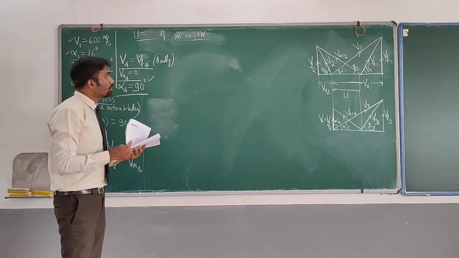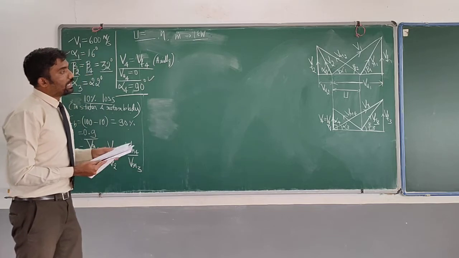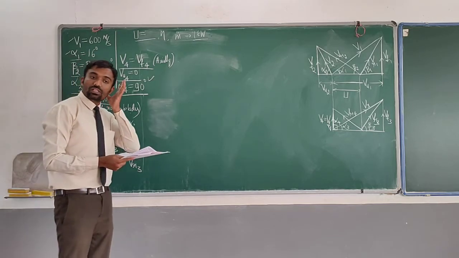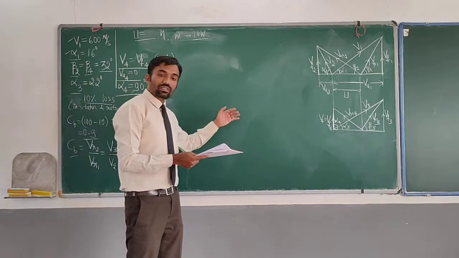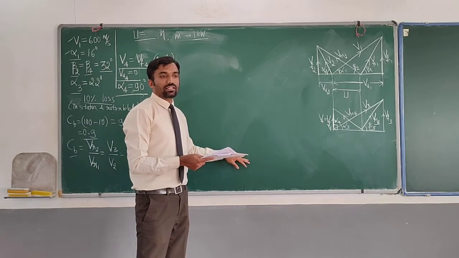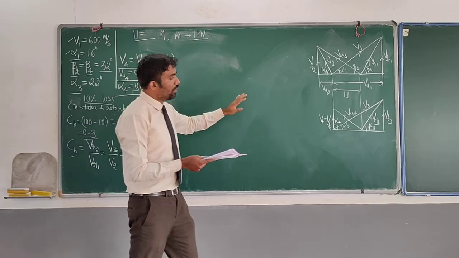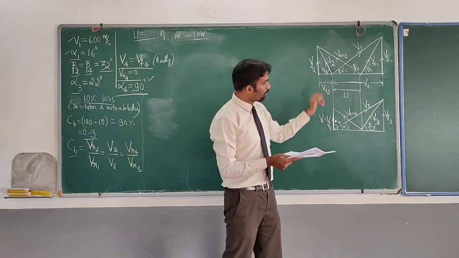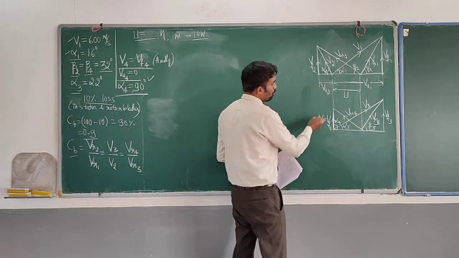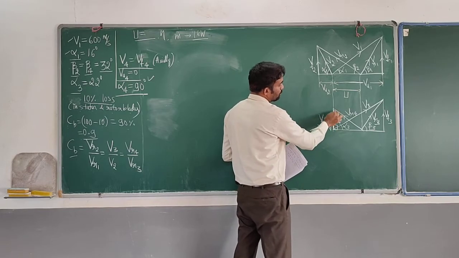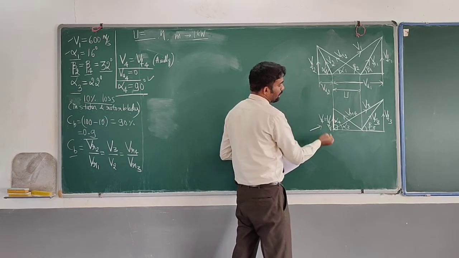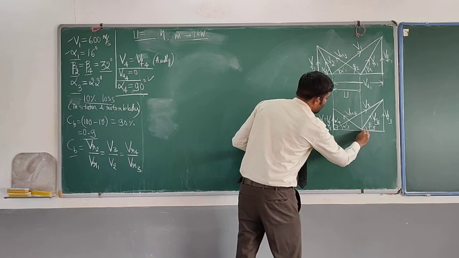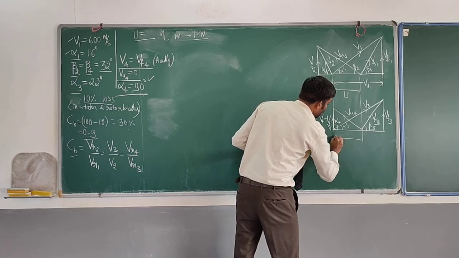To solve the problem, we have to follow a particular procedure. In this case, we start from the second stage and go towards the first stage. For that we have drawn a reference velocity triangle, which you can see over here. This is the part you have to start with. This is the length of u.